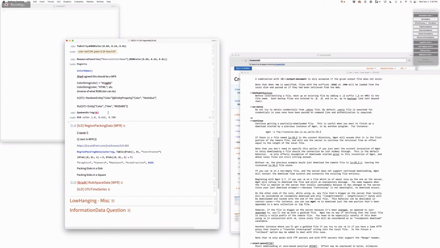Region packing data. Well, to me, this, in modern times, is a very WFR-like thing. Todd Rowland had gotten a long way, and somebody else also got a fair distance in encoding all of this stuff.